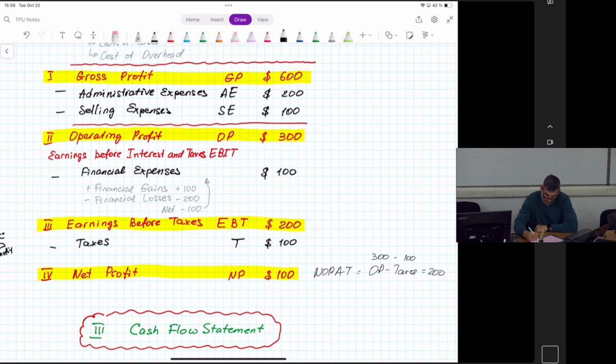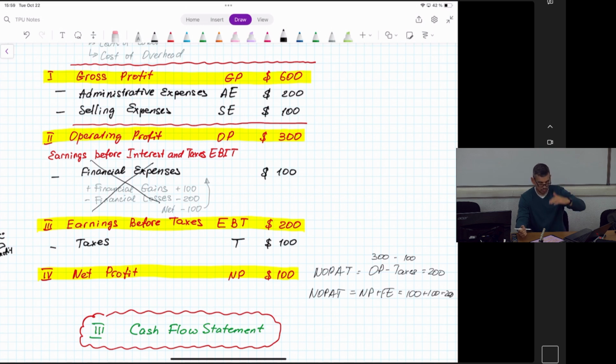But if you calculate NOPAT as net profit plus financial expenses, you get the same: 100 plus 100 gives you 200. Now you see? It's just a mathematical trick. The idea you need to keep in mind is that NOPAT crosses out the financial expenses.